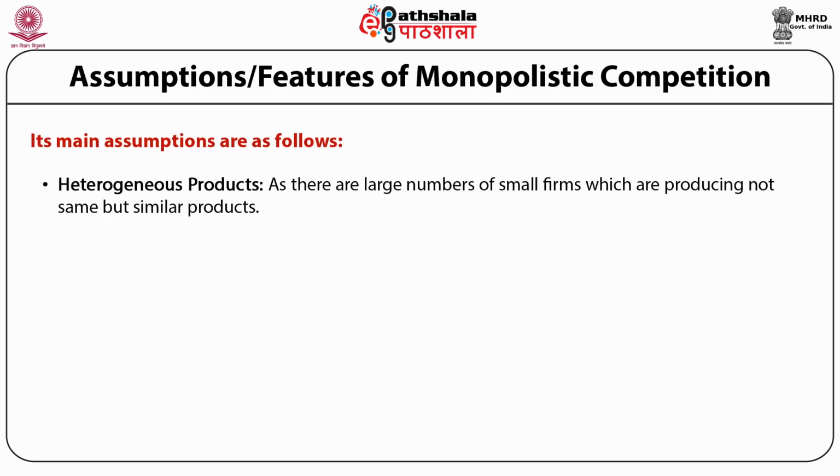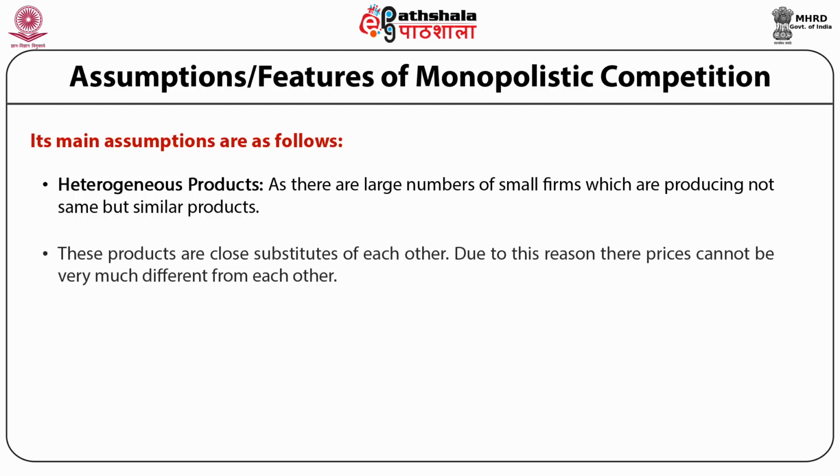Heterogeneous products: as there are a large number of small firms, they produce not the same but similar products. These products are close substitutes of each other. Due to this reason, their prices cannot be much different from each other.